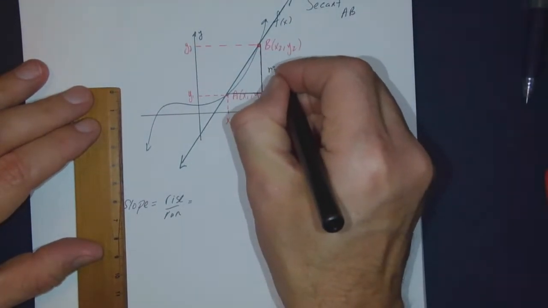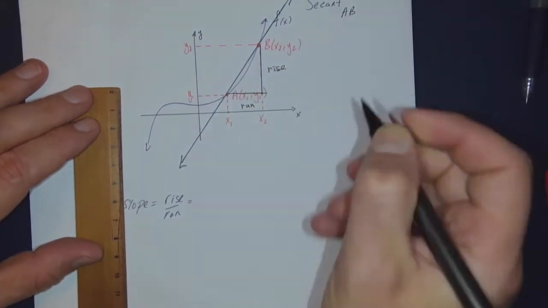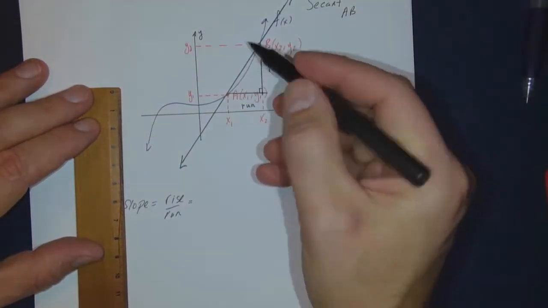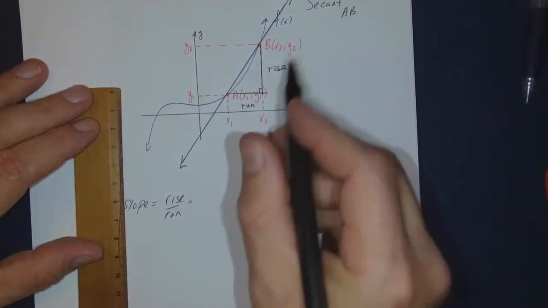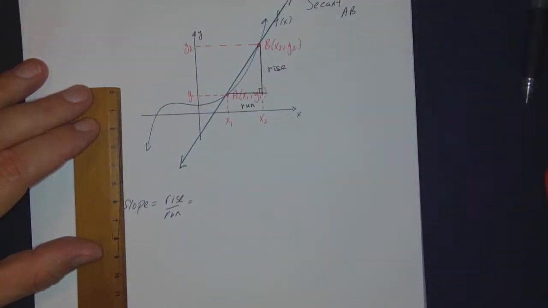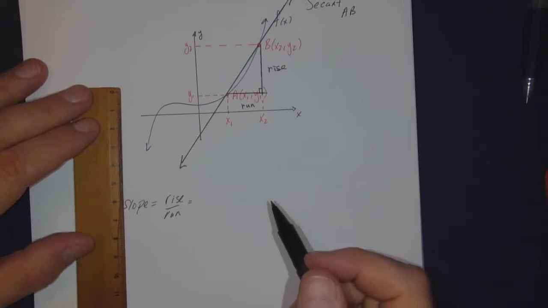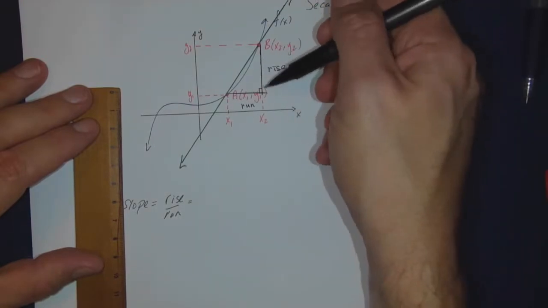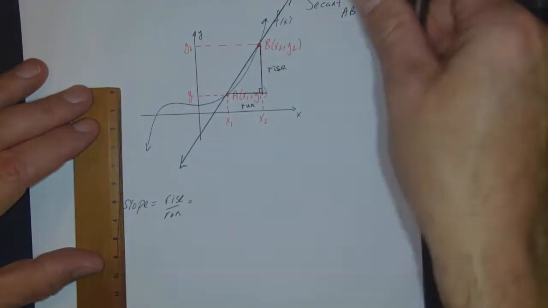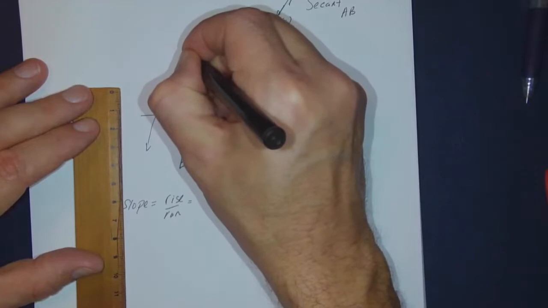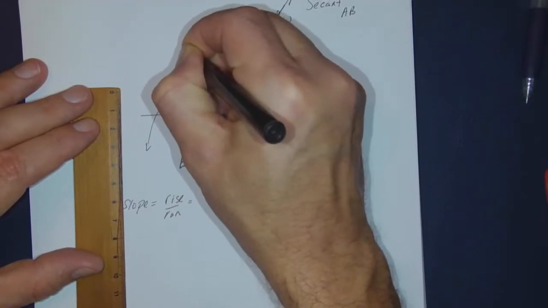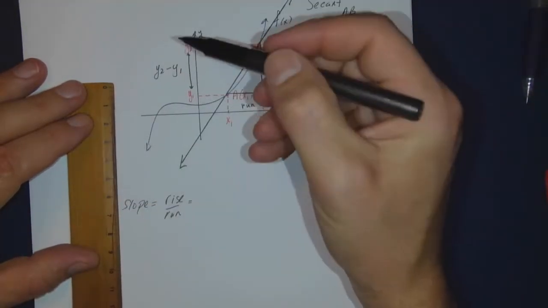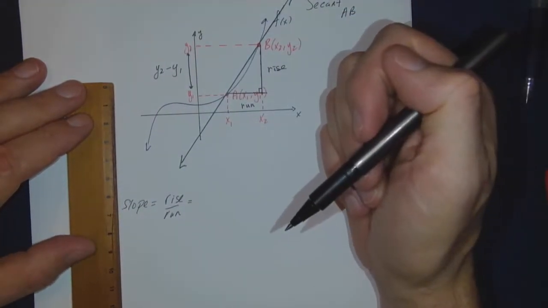So here's my rise and here's my run, and you'll notice that my rise is the vertical change that happens between point A and point B, and my run is the horizontal change as I go from point A to point B. Now this vertical change is going to be the difference between this y value and this y value. So it's actually going to be y2 minus y1. That'll be the numerical change between those 2 values.